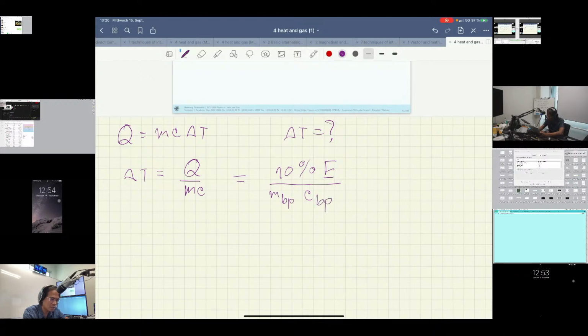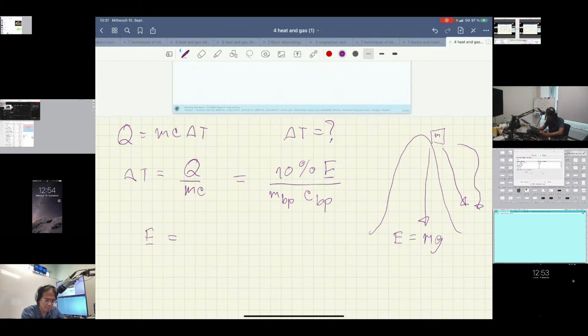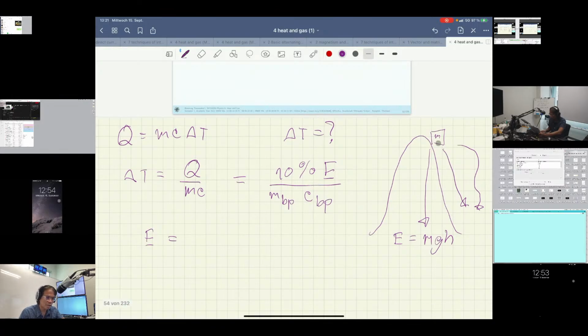We know that E, the potential energy, for any object that falls down in any direction, you will have the same potential energy, E = mgh. And this one, m is the mass of the truck, m_truck.